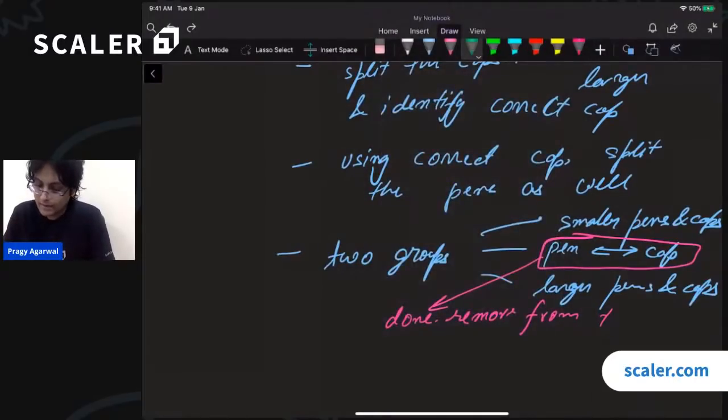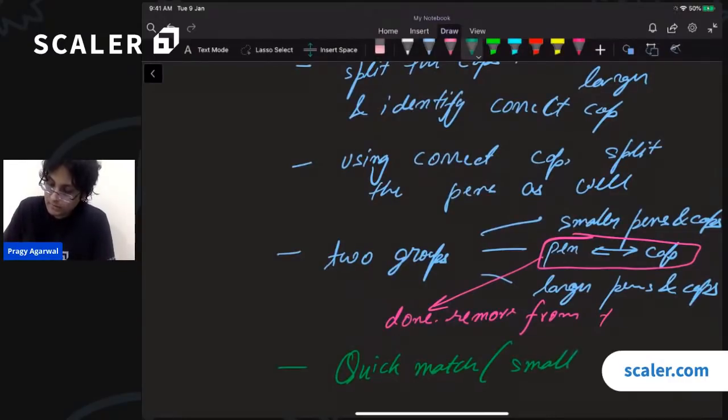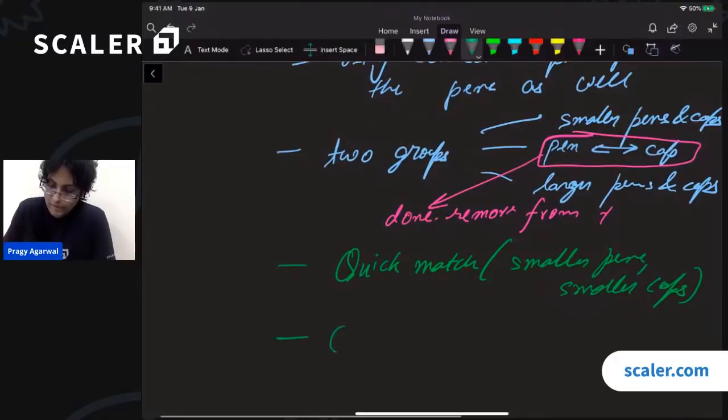I call this recursively. I will say quick match of the smaller pens and smaller caps, and once again, I will do a quick match of the larger pens and larger caps.